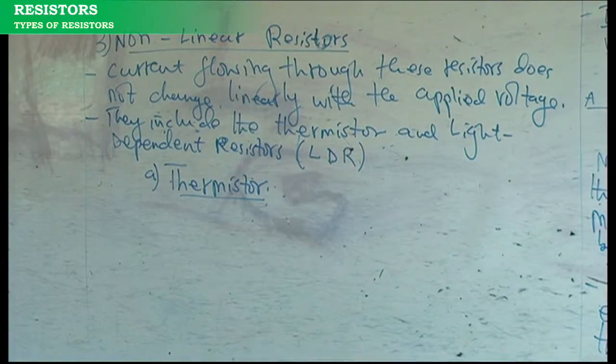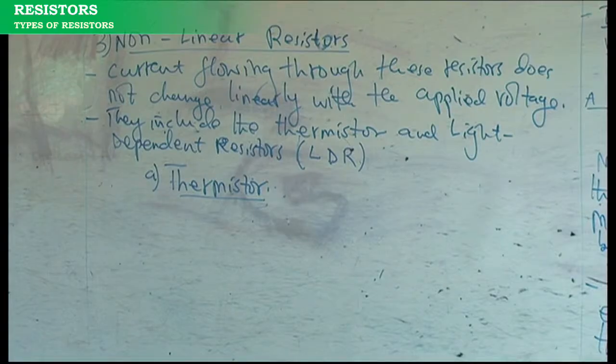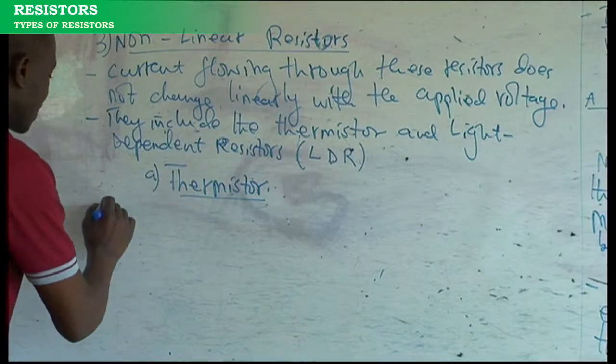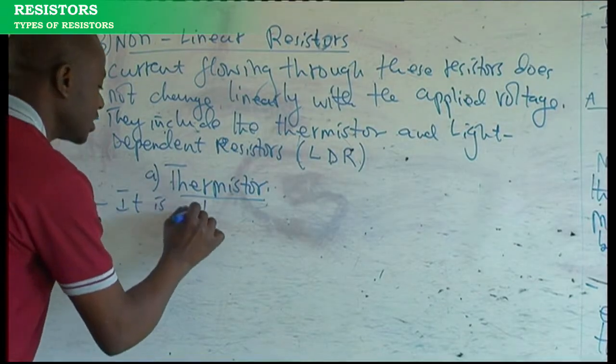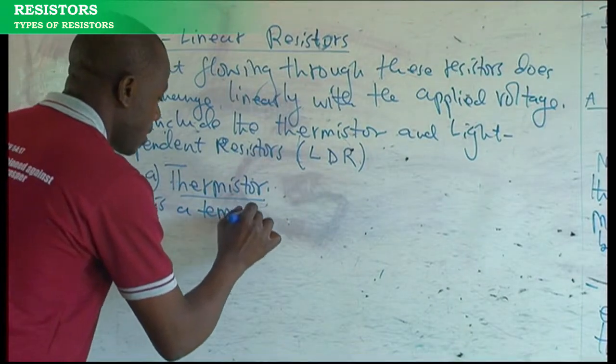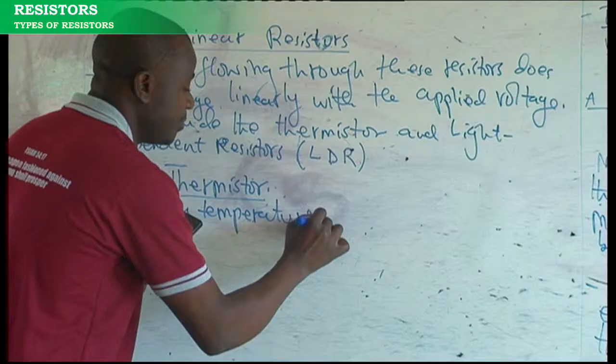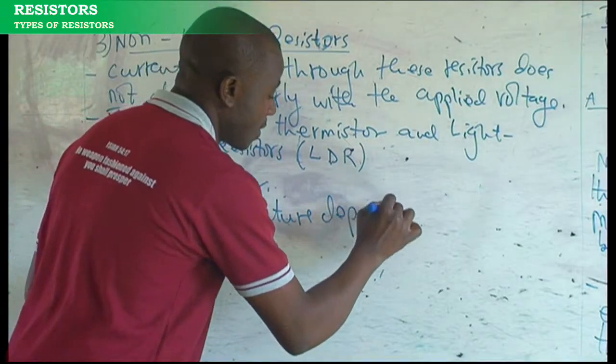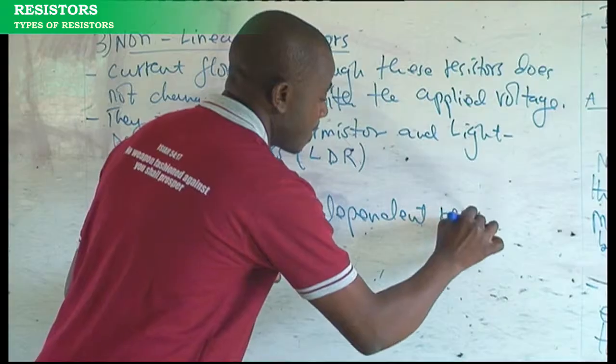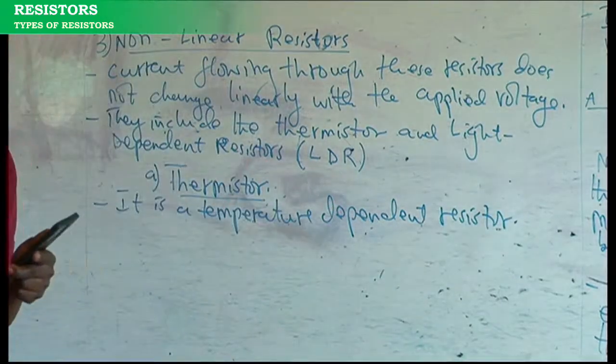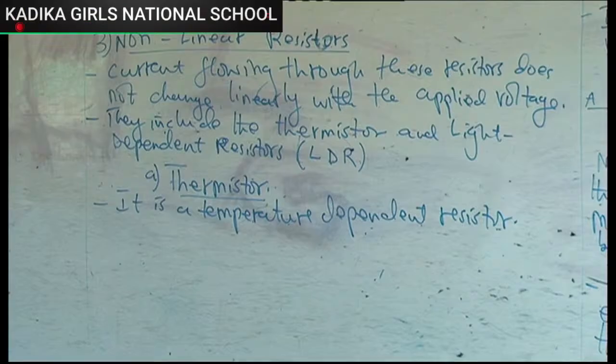A thermistor is from the word thermal, and thermal means temperature or heat. So this is a temperature dependent resistor, that it depends on temperature in its operation. Its resistance will decrease with increase in temperature.